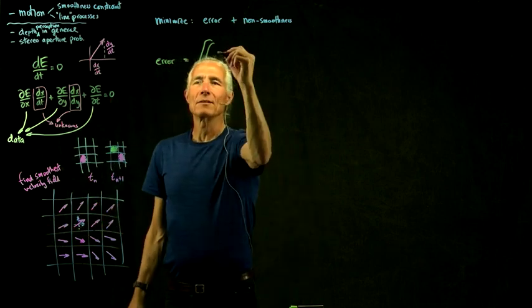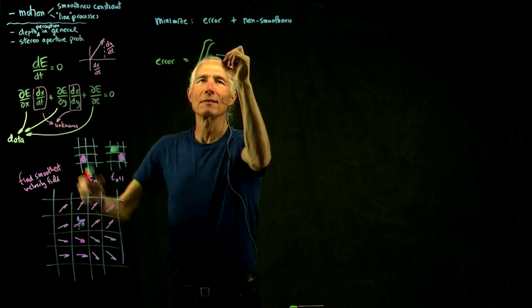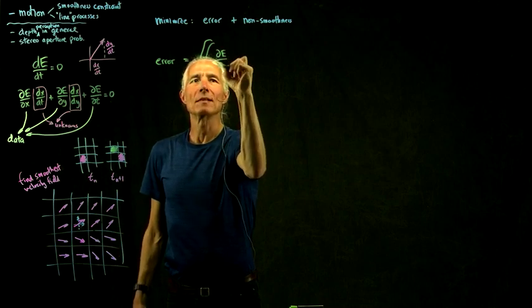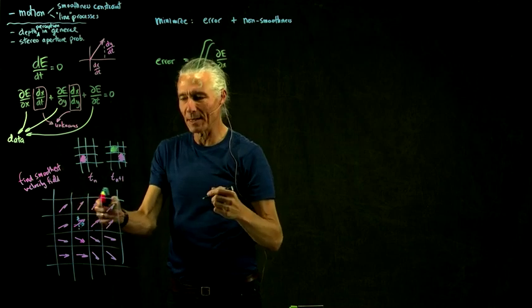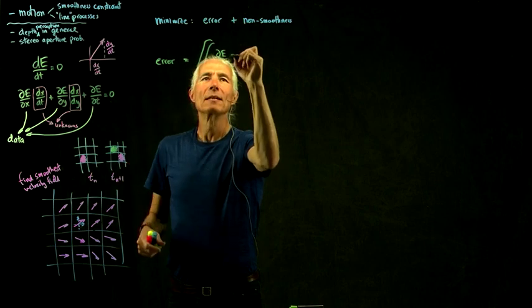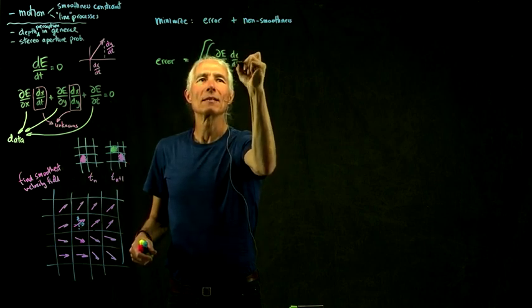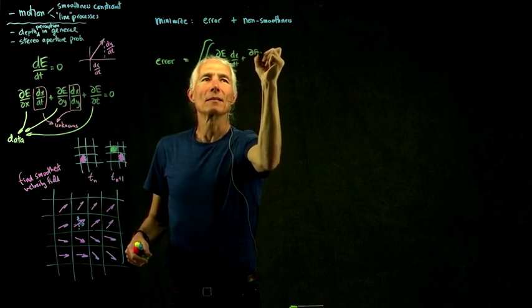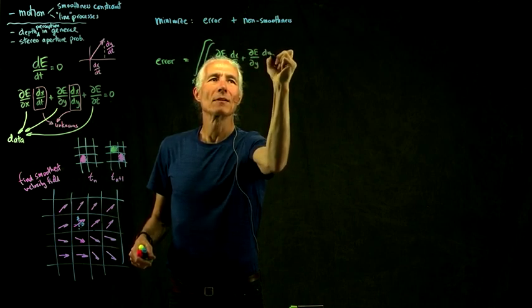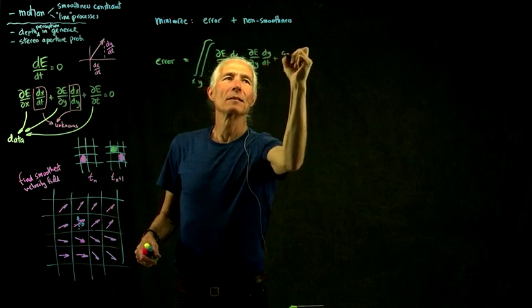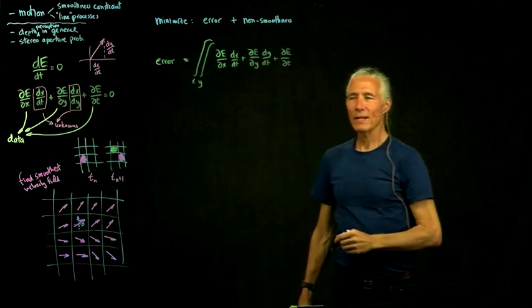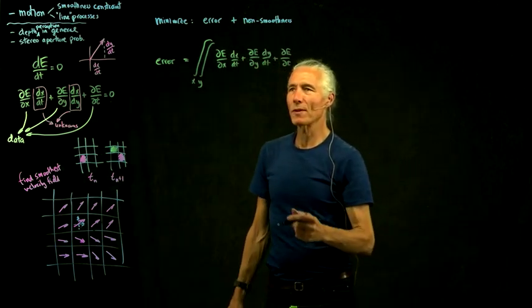That thing is supposed to be 0, but we can calculate it at each point and add the whole thing up across space. That's what this integral means. So here's the change in brightness in the x direction times the x velocity, dx dt, plus the change in the brightness in the y direction times the y velocity, dy dt, plus the change in the brightness over time. That thing should be 0, so the bigger it is, the more the error is.